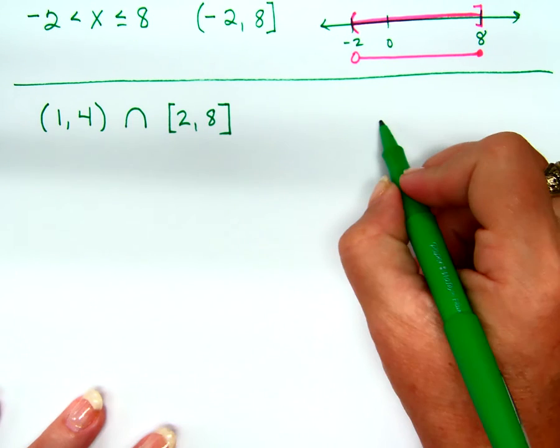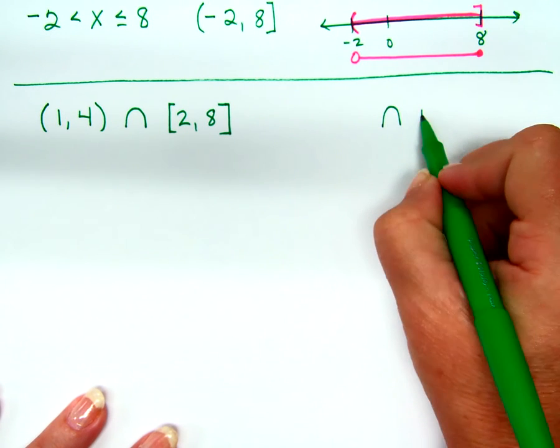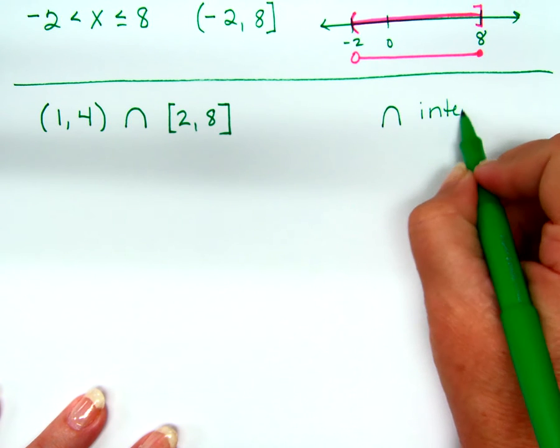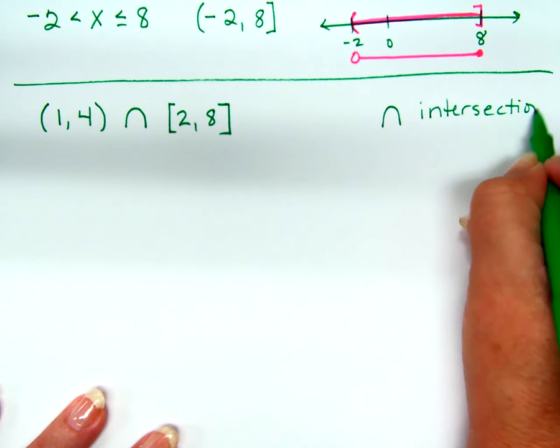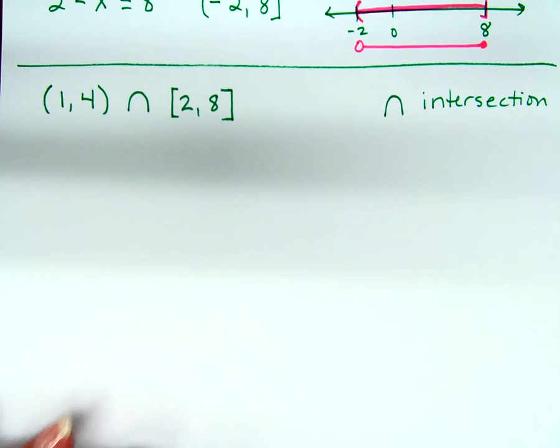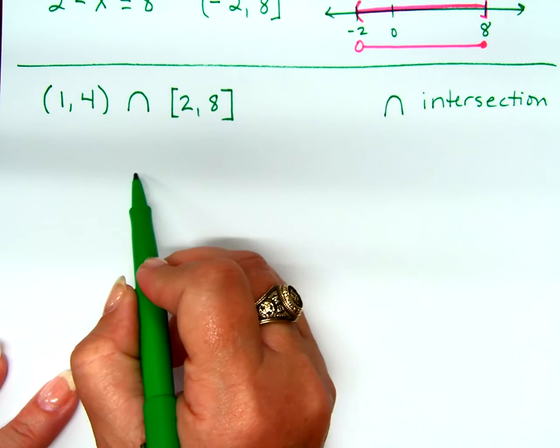What I want you to remember first is that this symbol means intersection. Intersection is the one we did not use in Algebra 2. Union was the one we used in Algebra 2. So let's start right here.